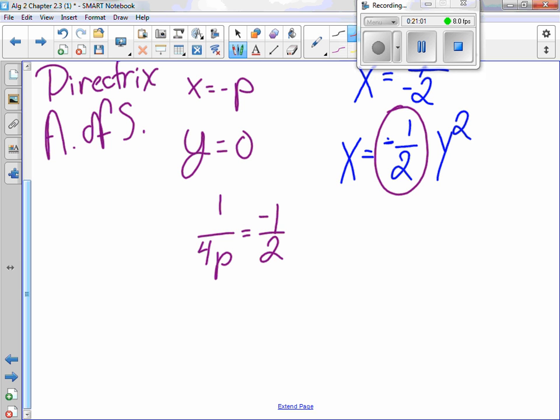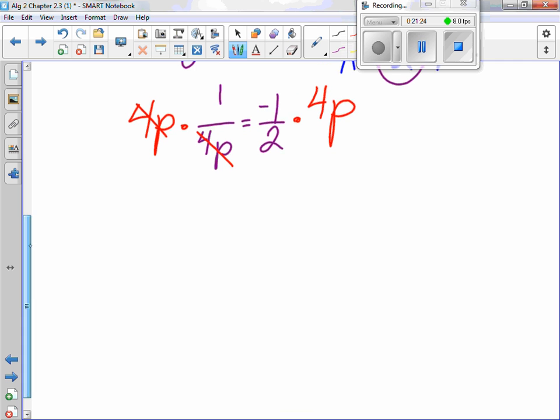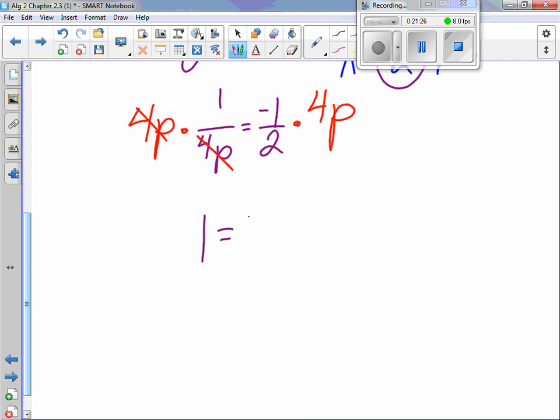Now, our first step is going to be to multiply both sides by 4p. Solving for the value of p, once we get it set up, our first step will always be to multiply both sides by 4p. So here we get 1 equals negative 4p over 2.